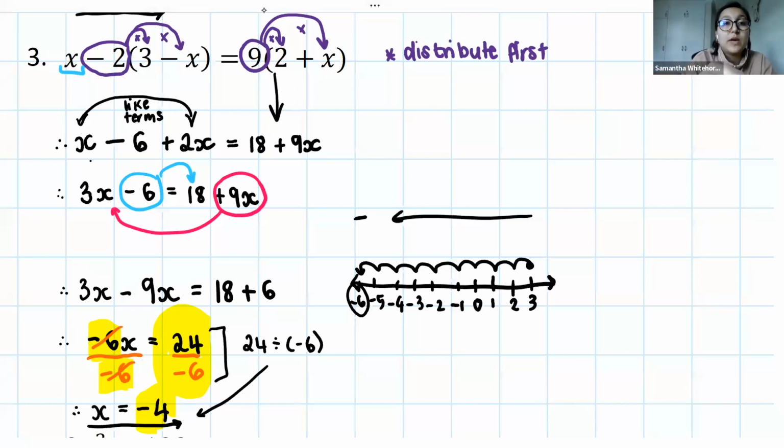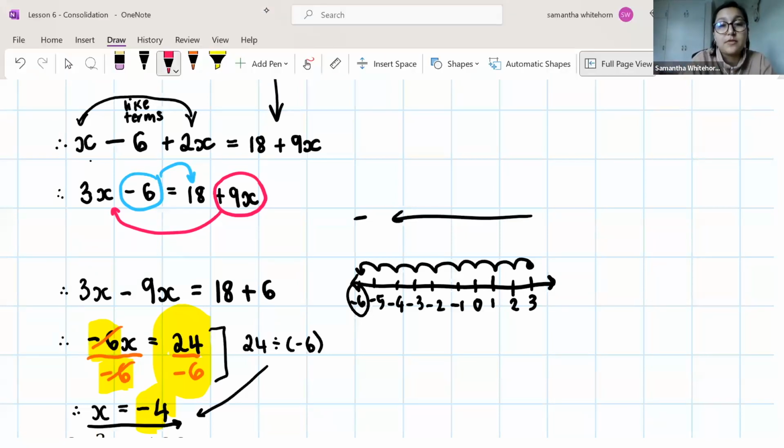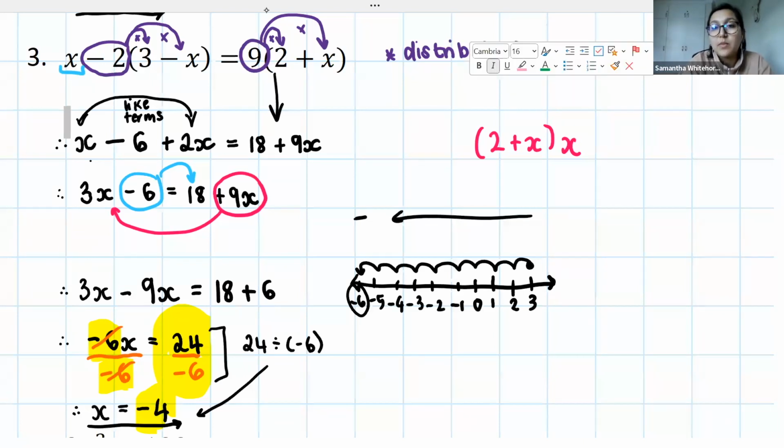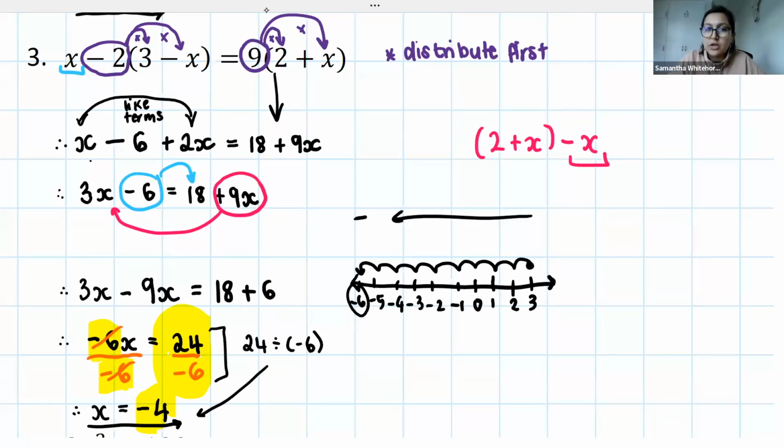If we had the bracket 2 plus x, and the x was right next to the bracket with no sign in between, we would have to distribute the x in. However, if there was a plus or minus sign, say the bracket minus x, then it is a separate term and we would leave it alone until we started solving our equation. So it very much depends on whether there's a sign in between the bracket and the x. Hope that answers your question.